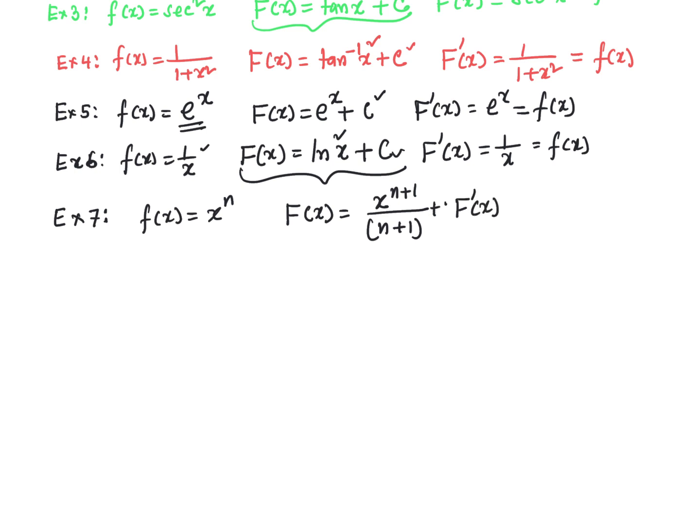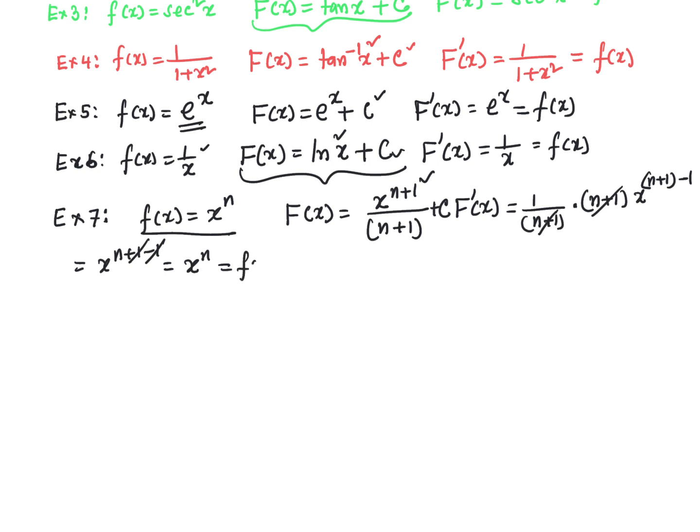You get 1 over n plus 1 times the derivative of x to the power n plus 1, which is n plus 1 times x to the power n plus 1 minus 1. The n plus 1 factors cancel out, giving x to the power n, which by the way is the original function f of x.